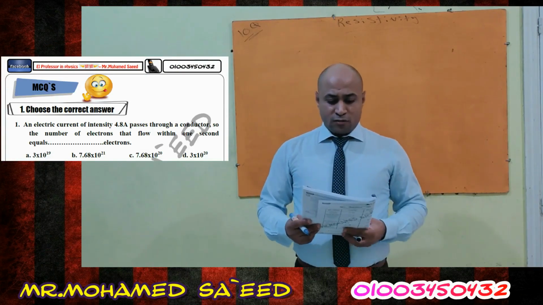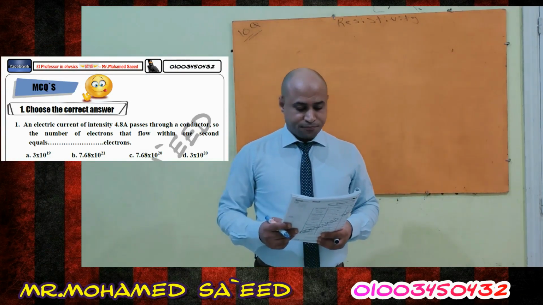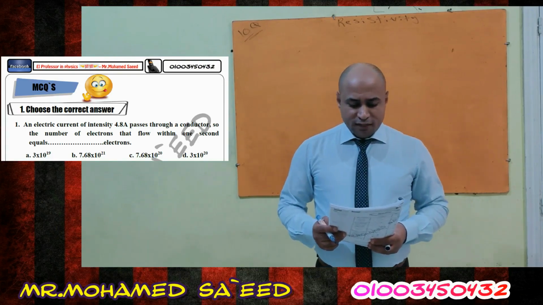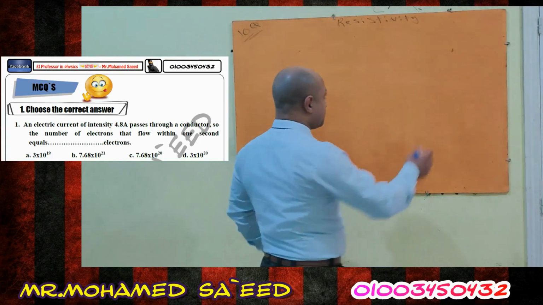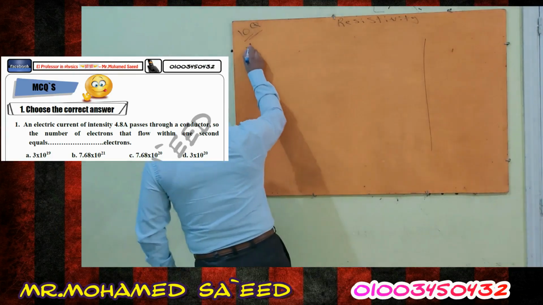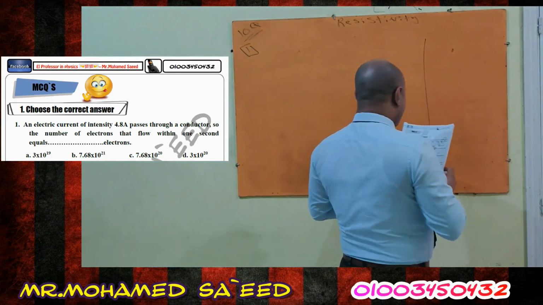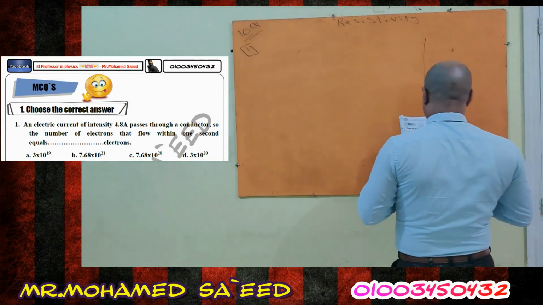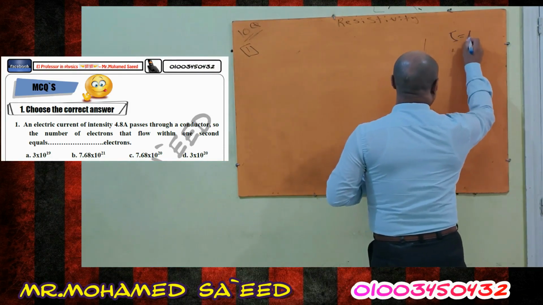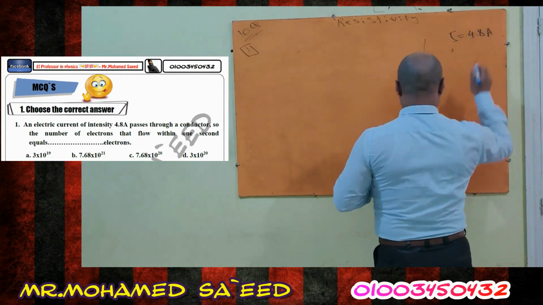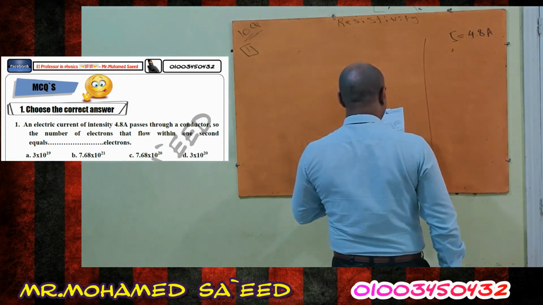Question number 1, choose the correct answer. An electric current of intensity 4.8 ampere passes through a conductor.